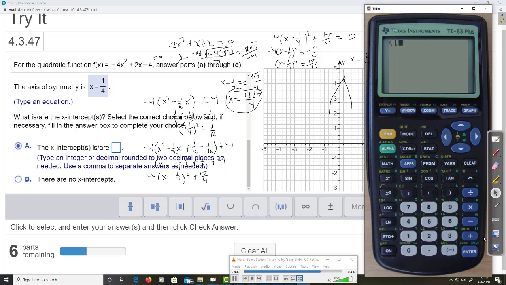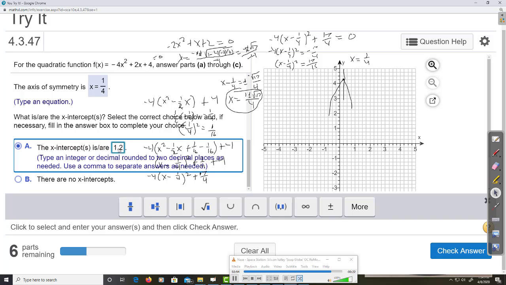So we have 1 plus the square root of 17, close that, divided by 4. And while I'm here, second entry, get my previous entry, just change that to a minus. So we have 1.28 and negative 0.78. Comma, negative 0.78.